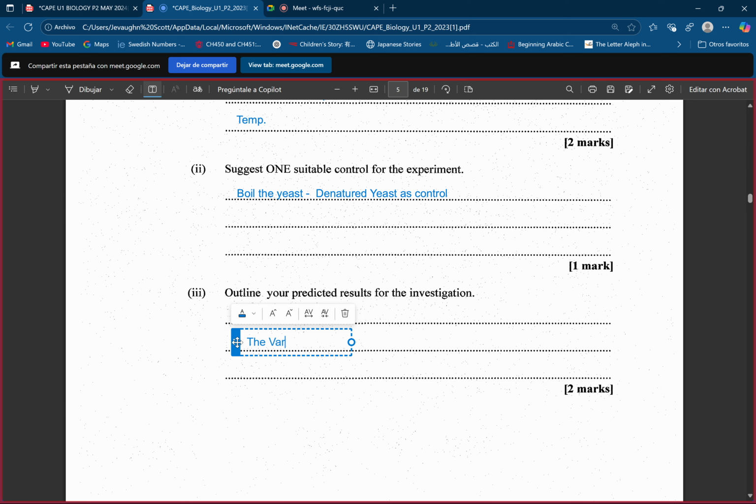So we're saying that the variables will increase proportionally until a certain point, or what we call the optimum point.